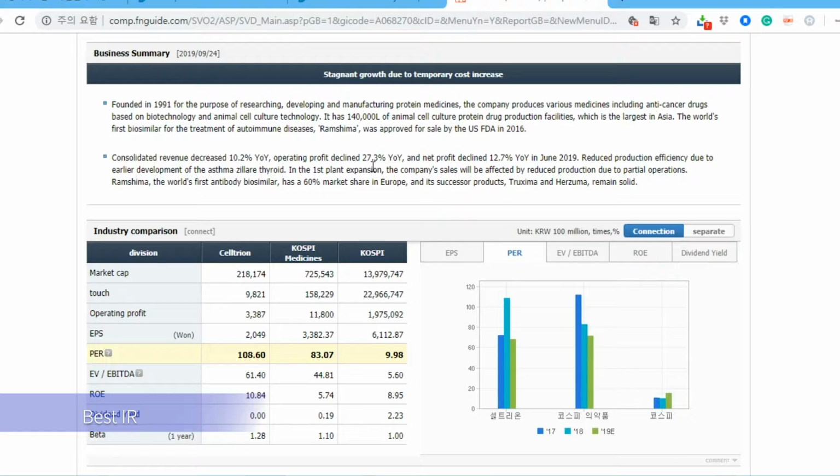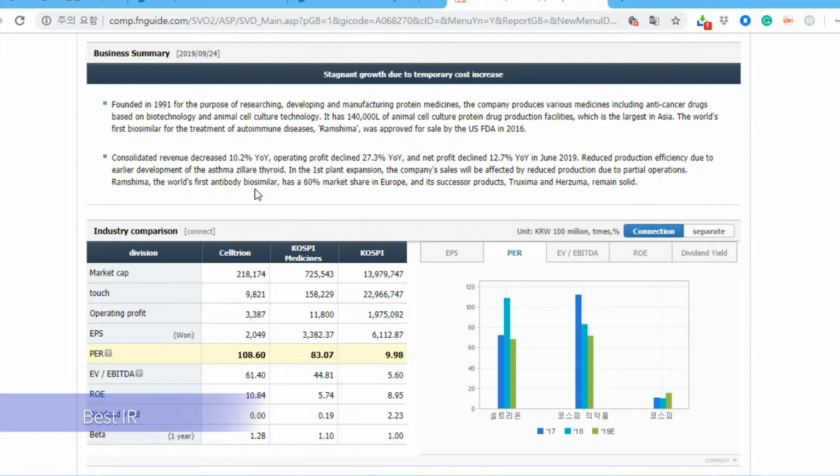So in June 2019, the revenue and operating profit declined or whatever, we'll get to that later in more detail, so you don't have to really learn about it here. But company sales were affected by reduced production due to partial operation.